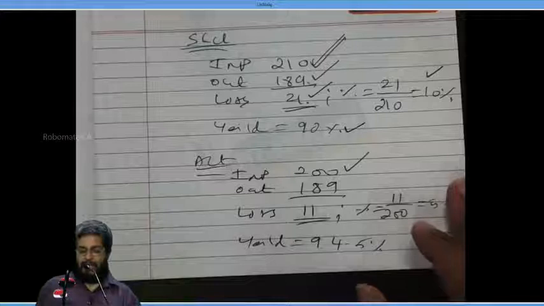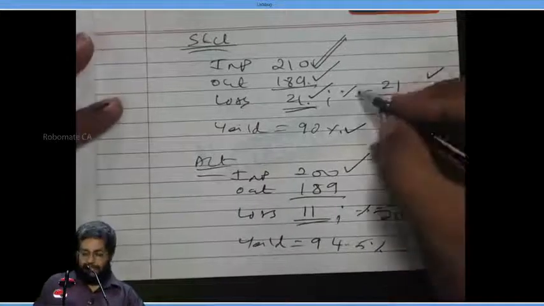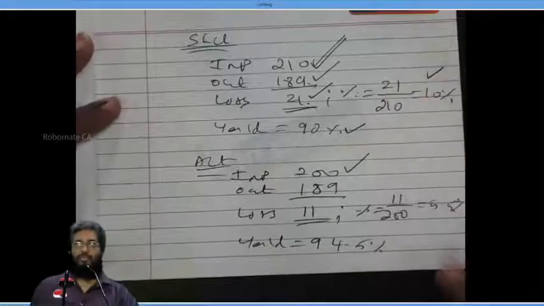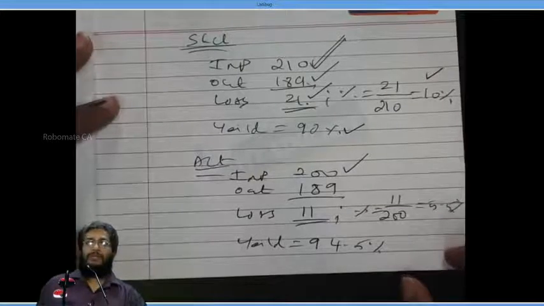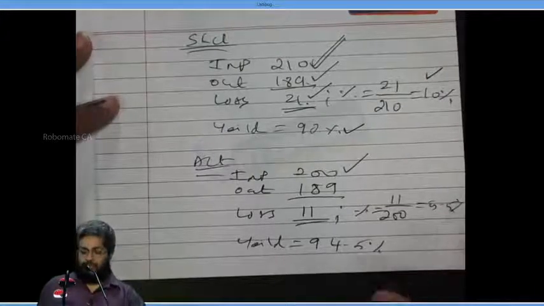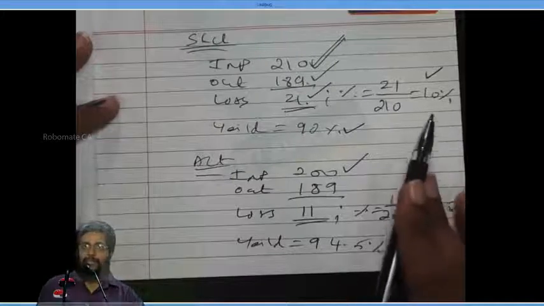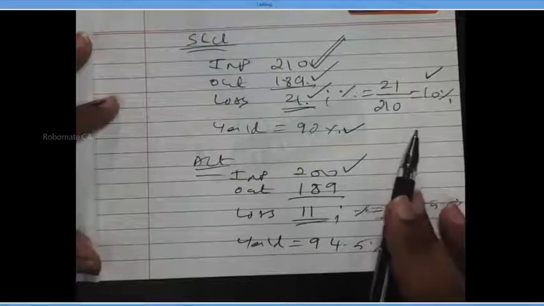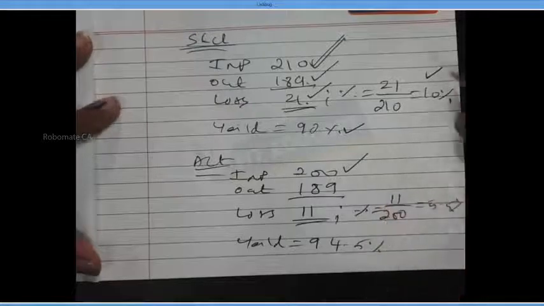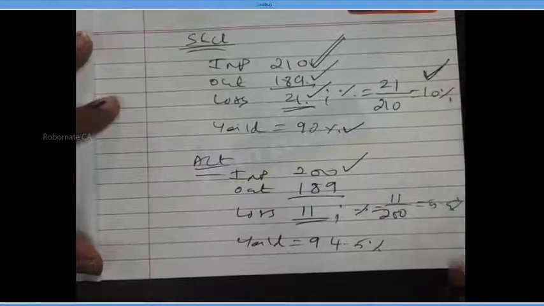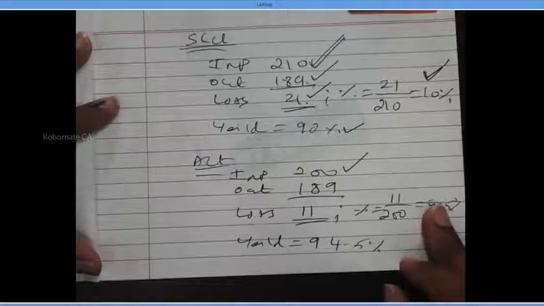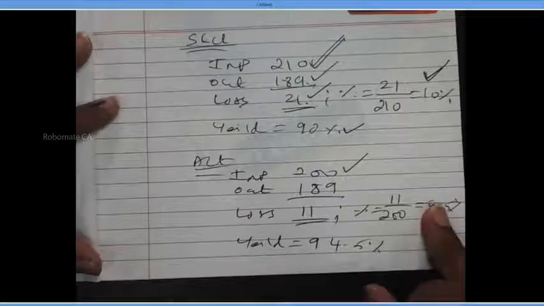Loss 21 kgs. Percentage loss is equal to 21 by 210, which is 10%.